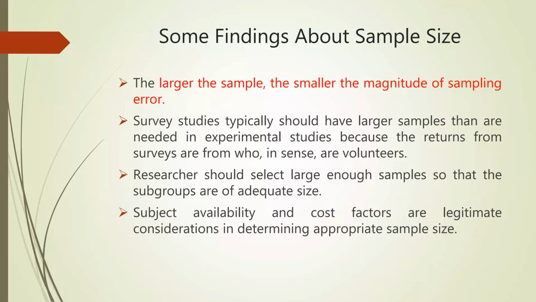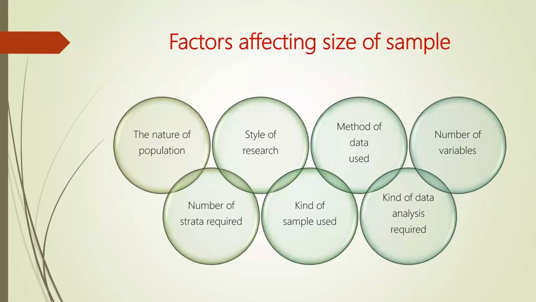If I want to work on diabetic people, I need to select diabetic people. Are they available? How many are present in a particular district? How many am I going to use? If I want to use more people, what will be the cost? Because I need to do a few experiments, or take their interviews again and again, I need to go and meet them, so it affects the cost factor. All these things I need to take into consideration.